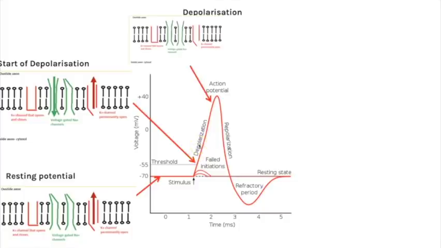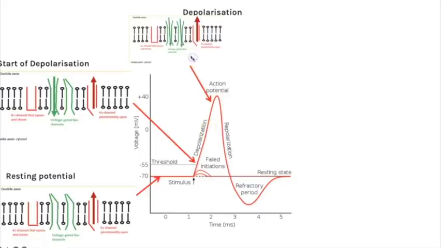Now, if the stimulus is large enough to cause enough of these sodium ion channels to open, then you'll have enough sodium ions diffusing in to cause an increase beyond the threshold potential. And if you do have an increase beyond that minus 55 millivolts, then you will always have the rest of this curve happening. You'll always have an action potential generated.